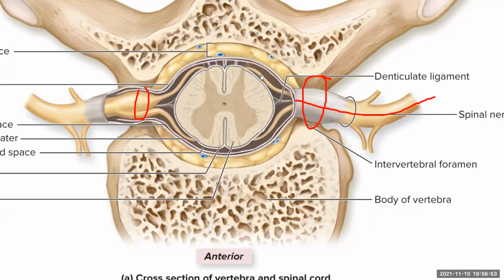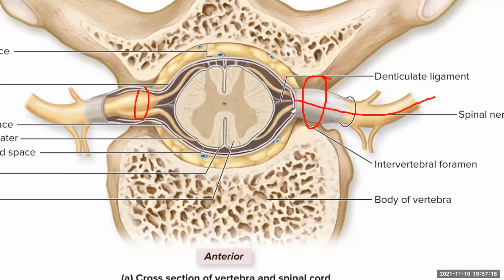That's the subarachnoid space. And then just on top of the arachnoid mater is our dura mater. So there's that potential space, that subdural space, in between the arachnoid mater and the dura mater. Outside of the dura mater, here's that epidural space. This is where we're going to find our blood vessels, some of our connective tissue, and our adipose tissue.